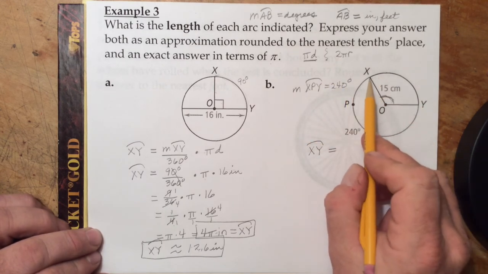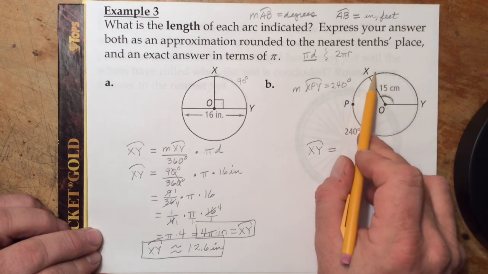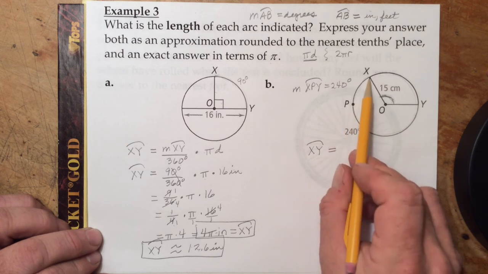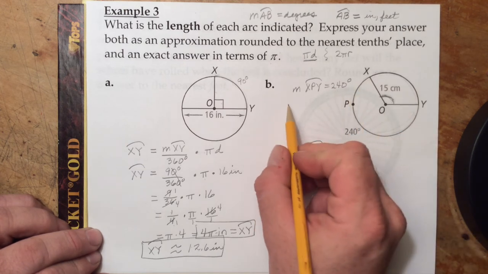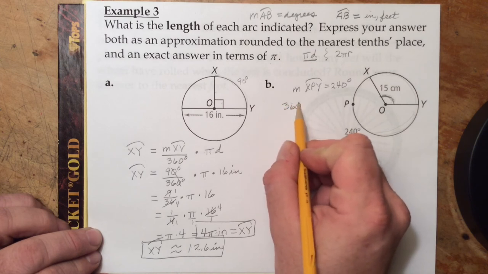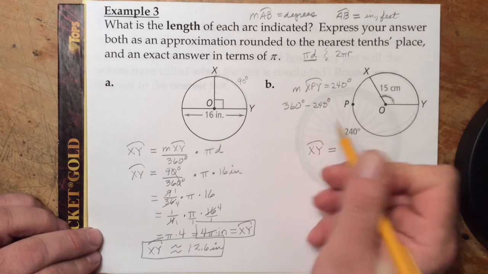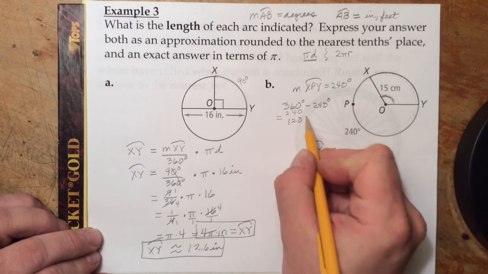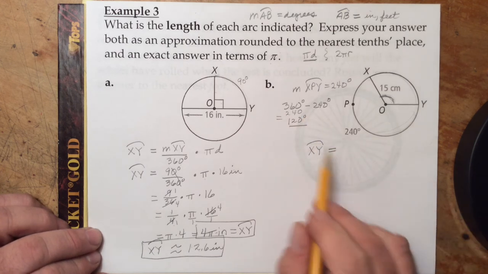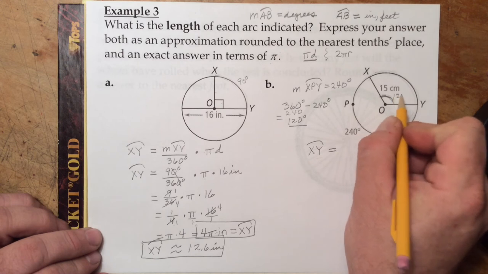So, to find the measure of this arc, we take 360, the whole circle, and we subtract out the measure of major arc XPY, which is 240. So that would be 360 minus 240, and that would give us 120 degrees. So the measure of arc XY is 120 degrees.